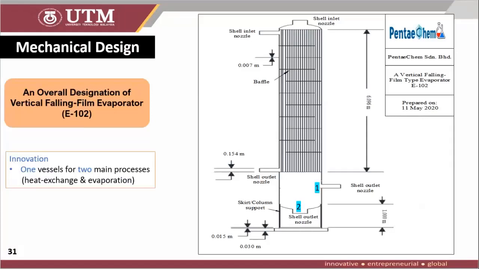So far yang saya tengok from industrial definitions of evaporator, tak ada drain valve lah. Yang ada shell inlet, shell outlet, outlet untuk vapor and outlet untuk concentrated liquid. Yang drain tu saya tak jumpa lagi. Okay, so tak perlu ada lah kot. Yes. Okay, tak apa, saja nak tanya. Alright, itu je.